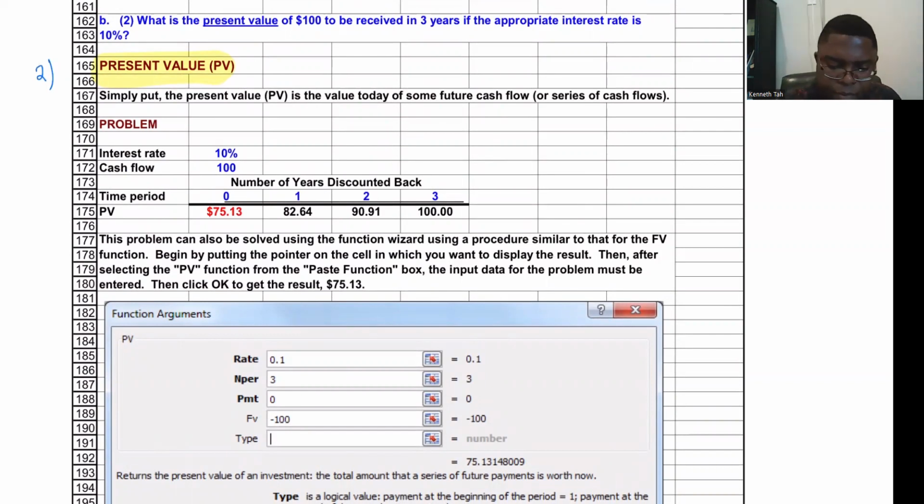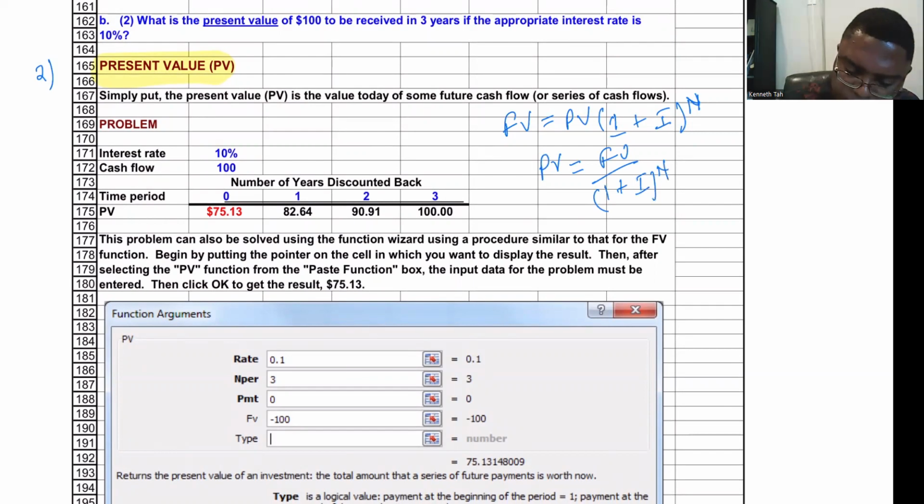We had said before that future value is equivalent to present value times 1 plus i for interest raised to the power n. So we can make present value the subject. That implies present value is future value divided by 1 plus interest raised to the power n. So this is the formula for calculating the present value.